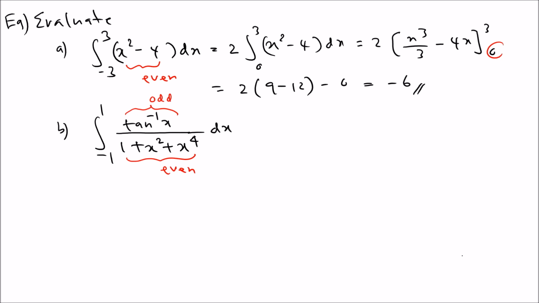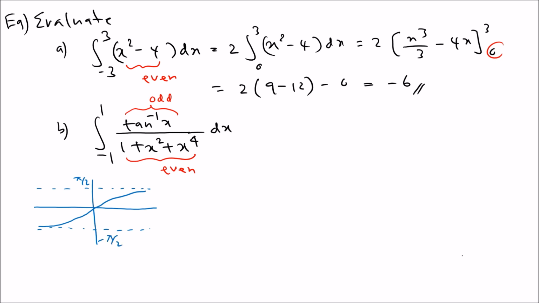What's the graph of tan inverse x? Remember? It's going to go between the two values, negative pi over 2 and positive pi over 2. So that's the tan inverse x graph. It's going to approach pi over 2 and negative pi over 2.